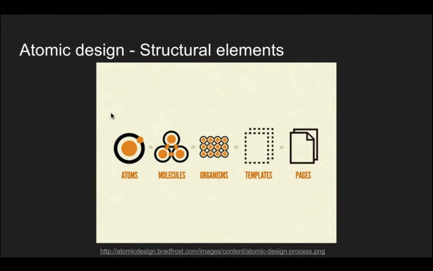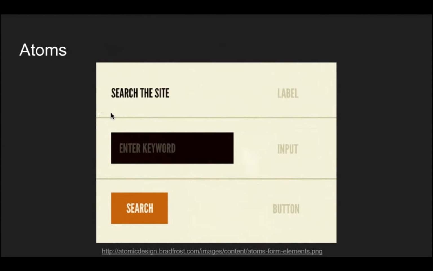Here again we have these 5 different layers. One would be the atoms, then the molecules, the organisms again, and then after this it's pretty interesting. One is going to be the template, and another one is the page, which we actually see. The atoms, as we all know, are the primary elements which can't be broken down.